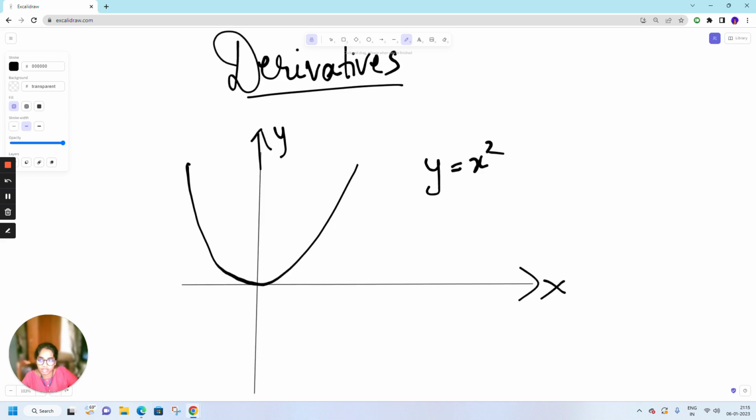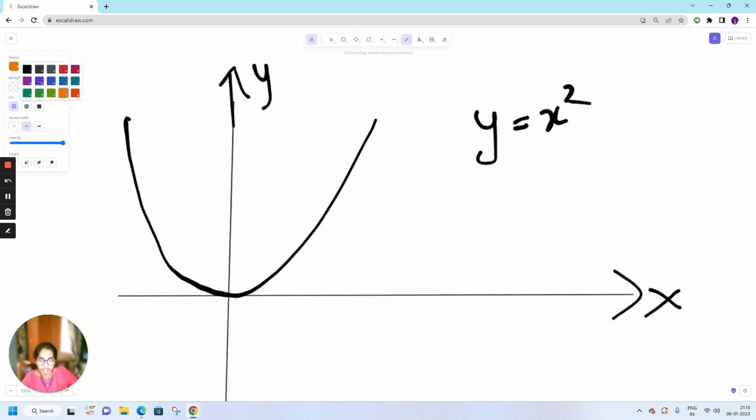Now, what is the concept of limits? Suppose I have a point, say 2. What is limits? What happens to this function y is equal to x square? We are checking what happens to this function as the point is approaching, x tending to 2.